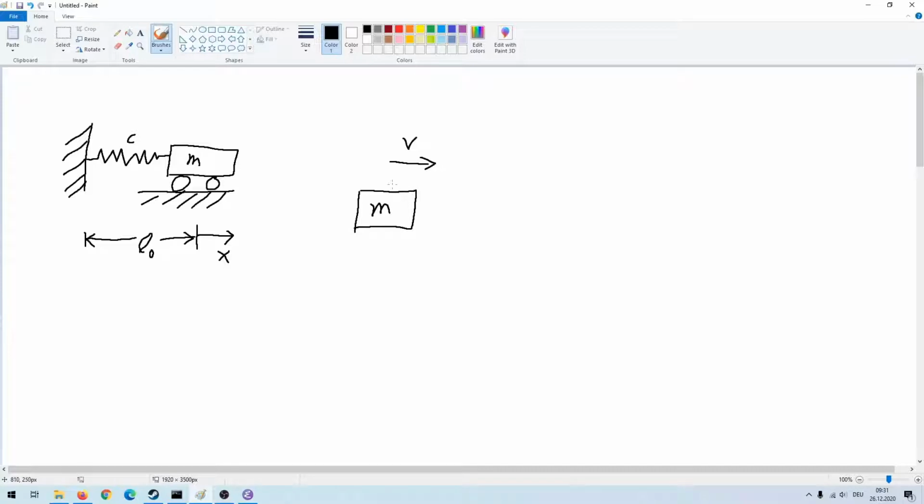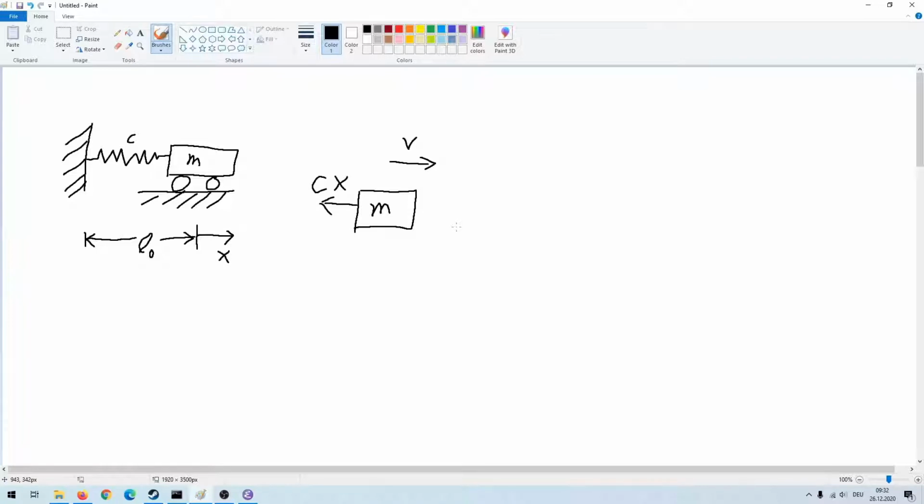So if we deflect the mass to the right, we are in positive x, so the spring is going to act on the mass with a negative force. So let's draw our negative force, and of course we're using a proportional spring, so the spring force is simply the spring constant times the deflection.